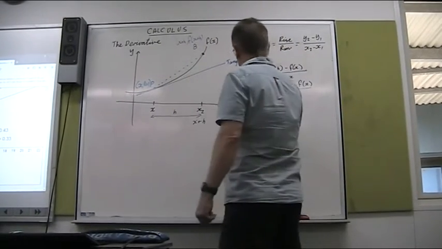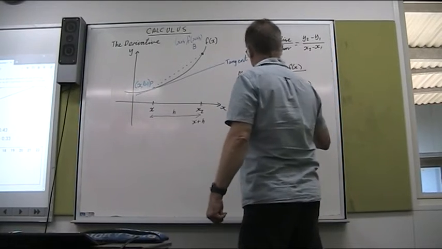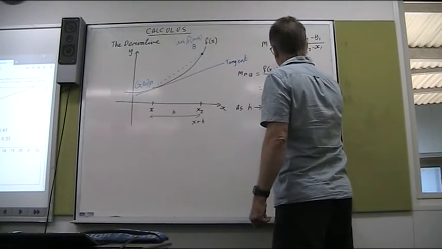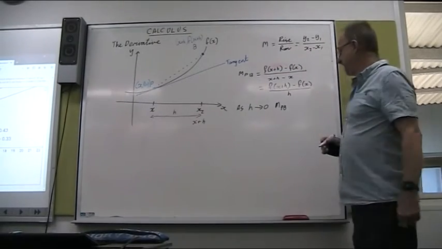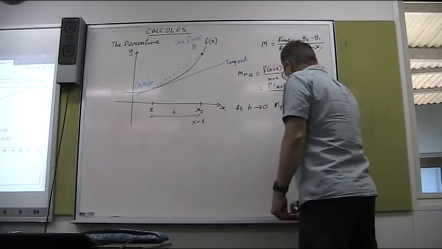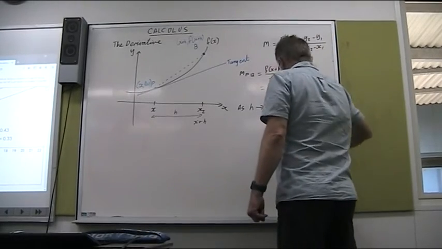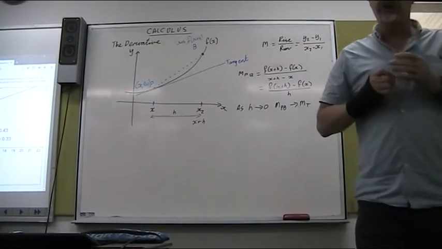So what I can say is, as h goes towards 0, the gradient of that line, that secant, goes towards the gradient of the tangent. Right, any questions so far?